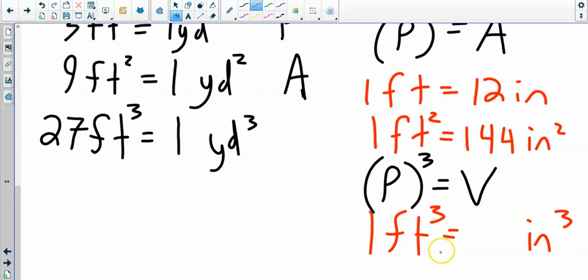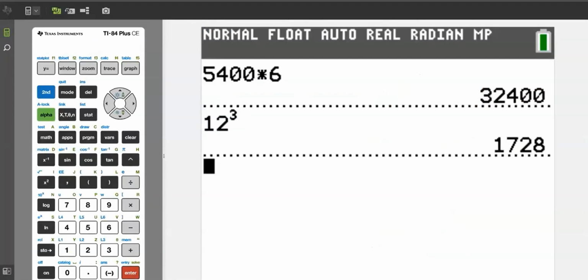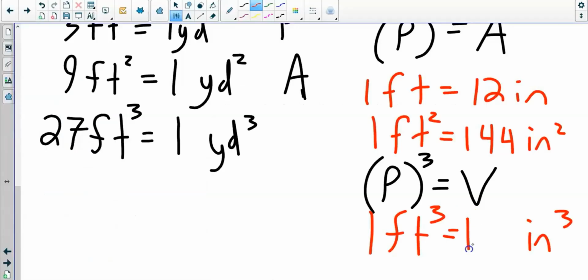So 1 foot cubed is equal to what's 12 cubed? Well, I don't know that one off the top of my head. I'm going to go to my calculator. 12 to the power of 3. 1,728. So this is 1,728. So there, we now have a volume relationship between feet and inches, even though it wasn't on our list.